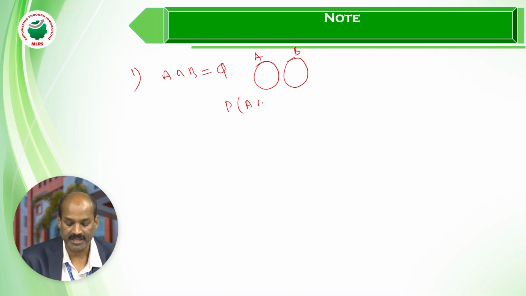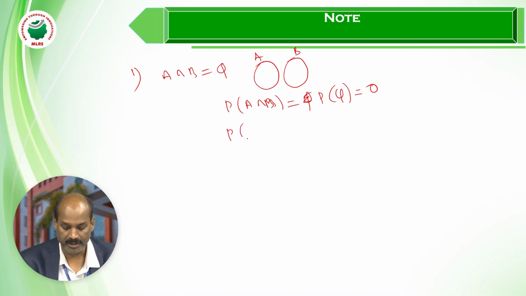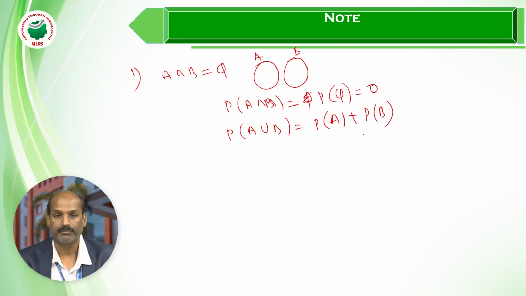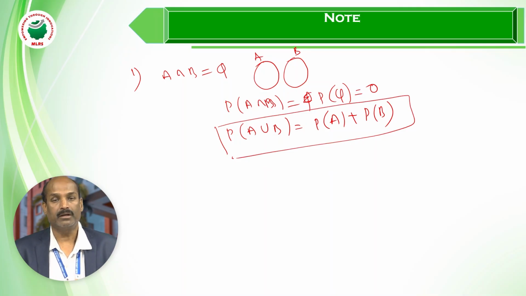Probability of A intersection B equals probability of phi, that is 0. So therefore, the additive rule becomes probability of A union B equals probability of A plus probability of B. This is the equation when A and B are disjoint events or disjoint sets.